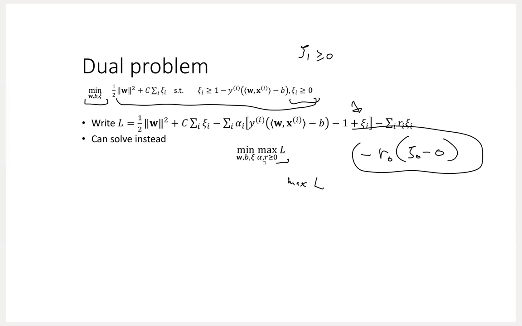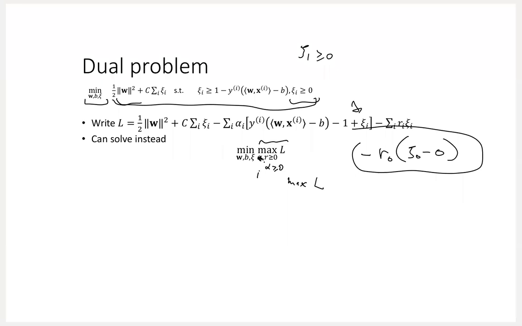Alpha, actually, I should probably write more clearly. Both alpha and R are bigger than or equal to 0 for L. So this part here is now replaced by maximizing L for R bigger than or equal to 0 and alpha bigger than or equal to 0. And this R and alpha here, by the way, is a shorthand notation.